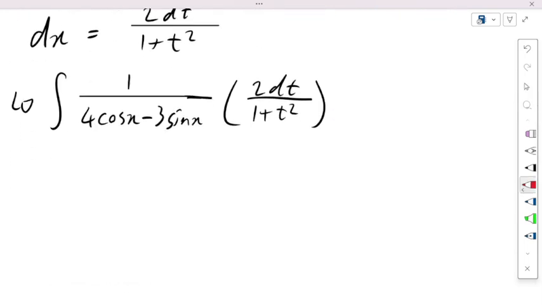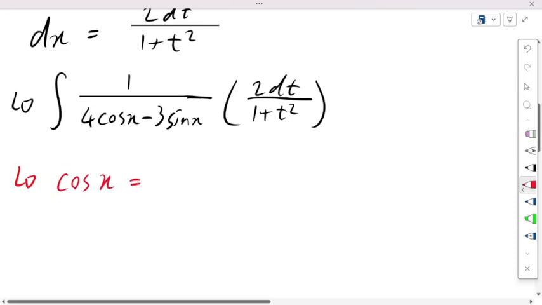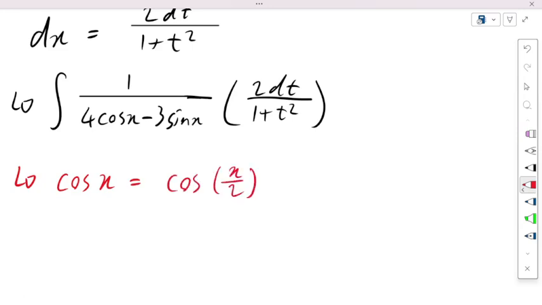Paying very close attention to what I'm going to be doing, I'm going to look at how we are going to get cosine of x using what we have over here of cosine of x over 2.